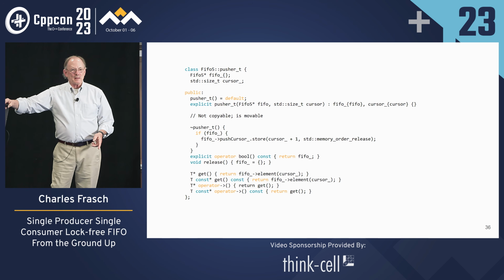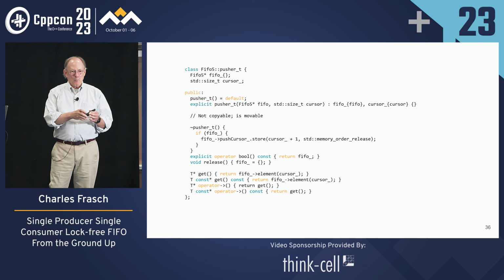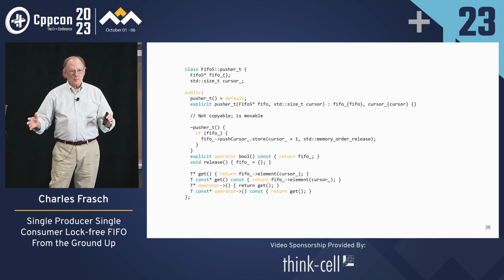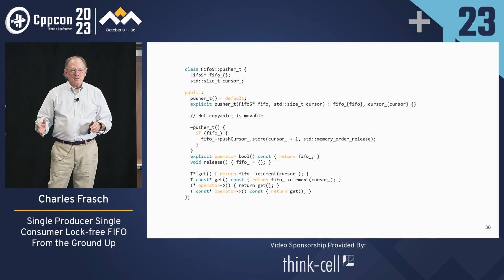DPDK does something like that. They have pushed multiple values on. They don't use the proxy thing, but they do manipulate cache cursor and real cursor to deal with multiple pushes and multiple pops. I've never had to do that yet, but it would be nice, I think, to have that feature.